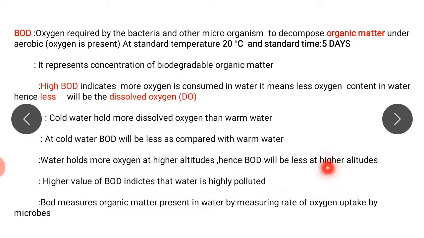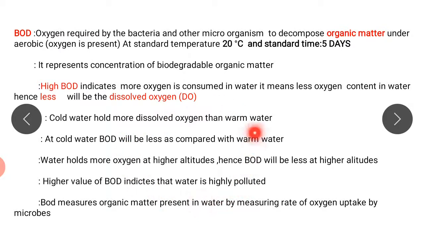So one can ask, in NPTEL assignments such kind of questions are asked. Okay, in multiple choice questions there are chances in GATE 2021 such a conceptual question may be there. So a higher value of BOD indicates water is highly polluted. So finally, BOD measures the organic matter present in the water by measuring the rate of oxygen uptake by microbes.